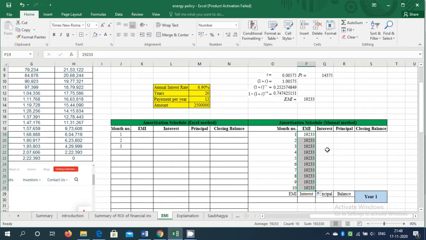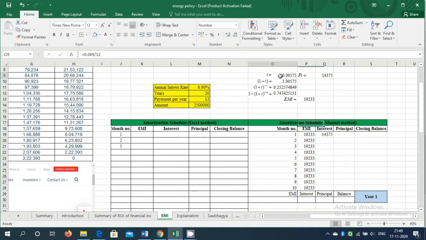I'll type over here. Okay, then after that I have to calculate the interest part for the first month. So interest part, how I'll calculate: I'll just equal to whatever amount is there, multiplied with I is this part.